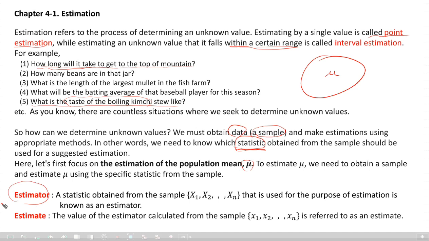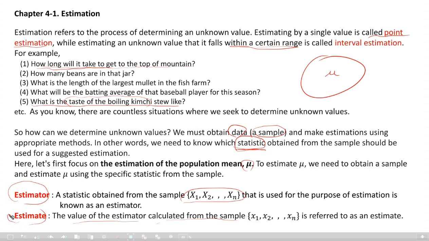Estimator, a new terminology. A statistic obtained from the sample, in capital letters, the theoretical sample, right? Random variables. That is used for the purpose of estimation is known as an estimator. So there are many estimators for some unknown value. Estimate: the value of the estimator calculated from the sample, small x1, x2, small xn, is referred to as an estimate.